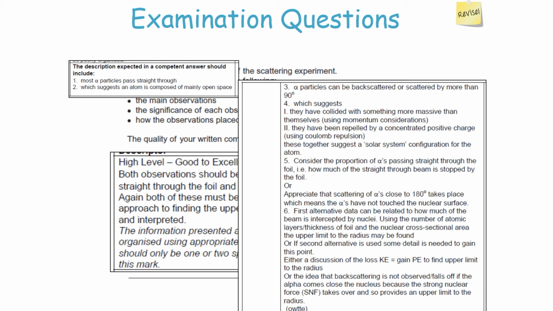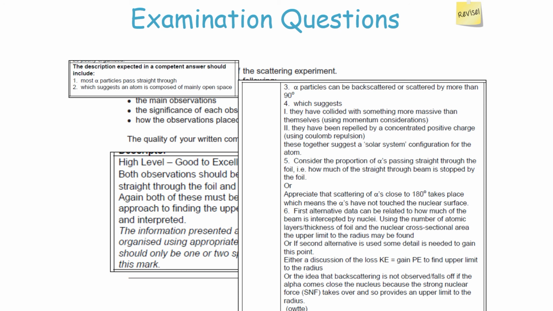So what you can then do is say the kinetic energy is equal to the gain in electrical potential energy, and this will allow us to work out how close our alpha particle can get to the nucleus. Now remember, it is unlikely to actually hit the nucleus, because it's going to have converted all of its kinetic energy into electrical potential energy before it actually hits the nucleus. So it gives us an upper limit on the nuclear radius, not the atomic radius.